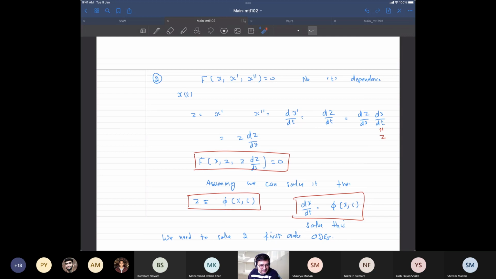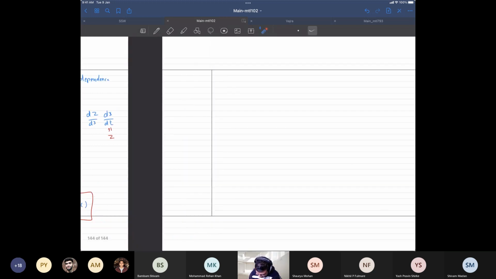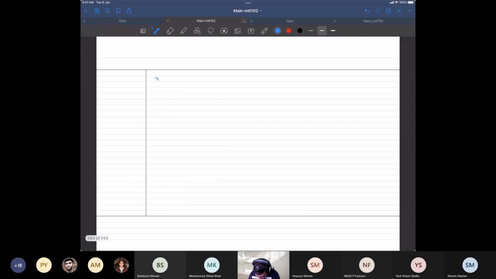The last method is again very interesting. Here we look at a completely nonlinear second order equation, but there is an assumption, and the assumption says that f is homogeneous. Let me explain what I mean by that.